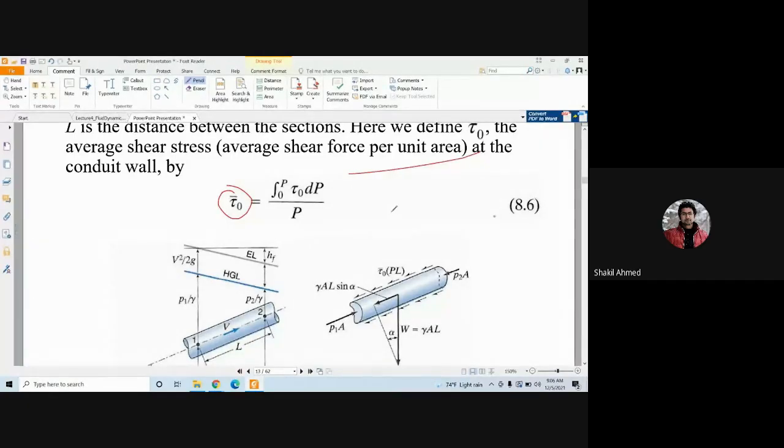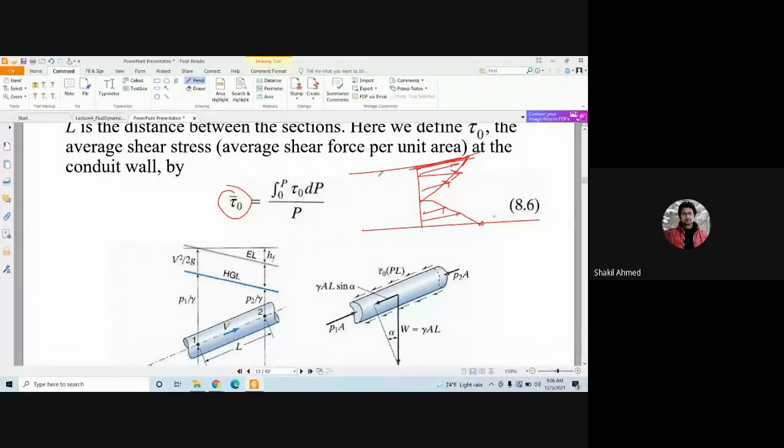Look, if this is the pipe, the shear stress varies. Here the shear stress is maximum, because the pipe wall is here. As you go towards the center, shear stress will be minimum. And again, as you go towards the pipe wall, the shear stress will increase. This is the shear stress diagram. Clear?